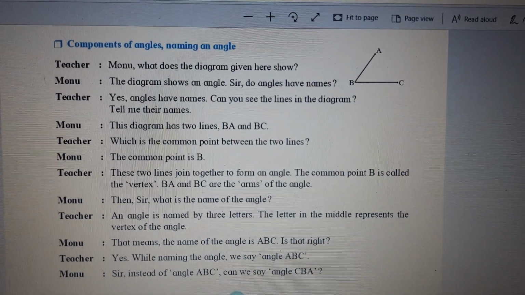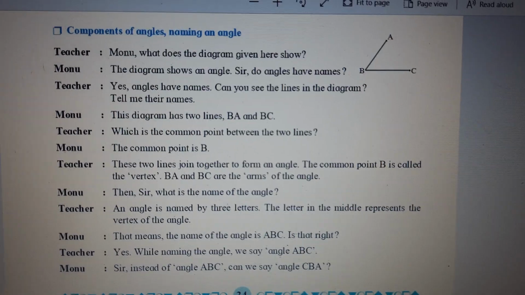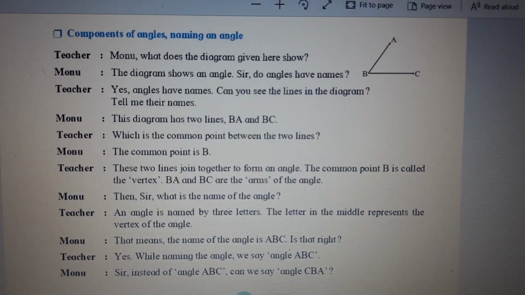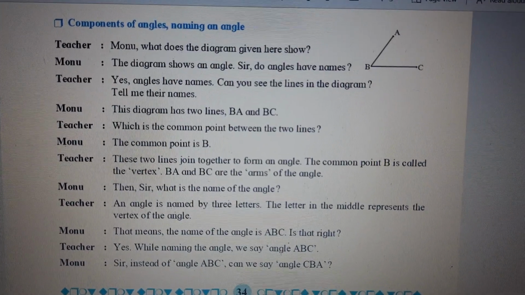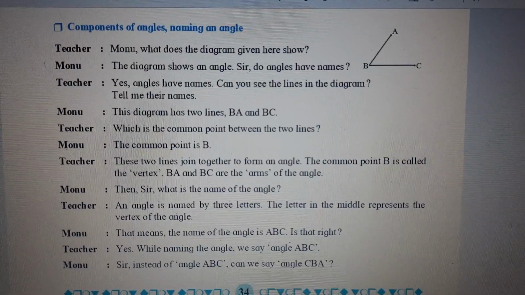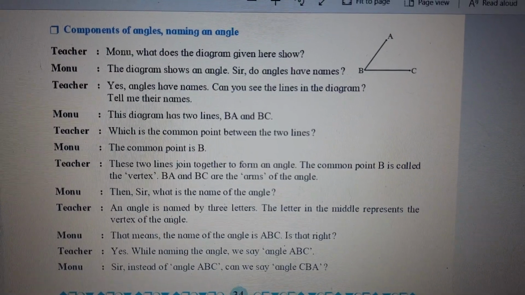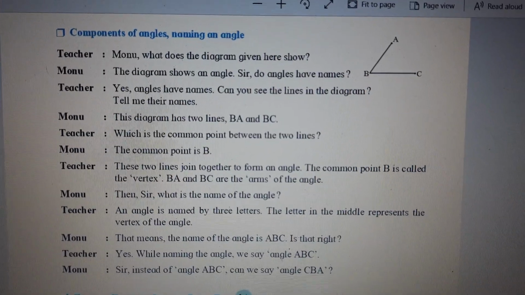Teacher: These two lines join together to form an angle. The common point B is called the vertex. BA and BC are the arms of the angle. Monu: Then teacher, what is the name of the angle?